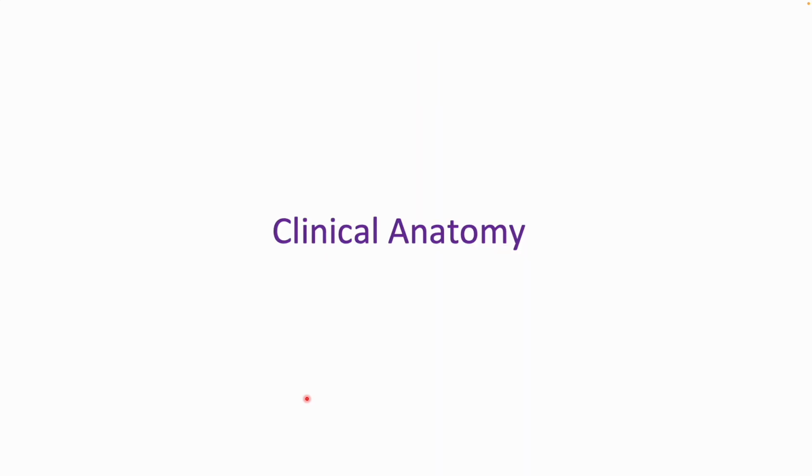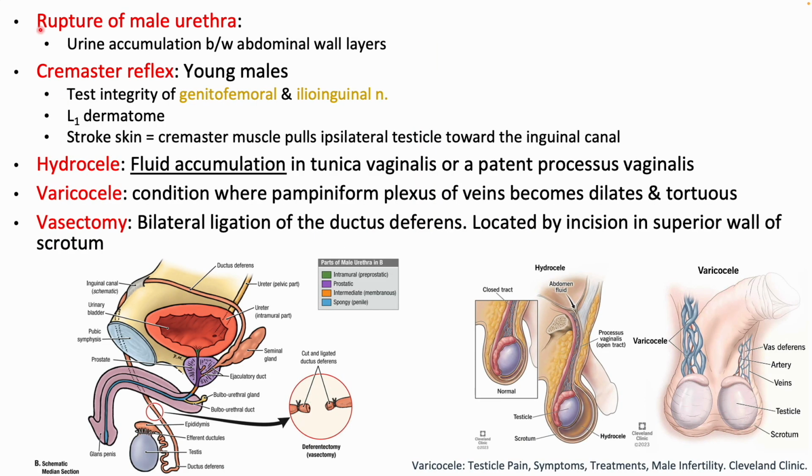And to end this video, let's look at some clinical anatomy. So a few quick ones, and then we'll have a really big one on the next slide. But you can get rupture of the male urethra, which can lead to urine accumulation between the abdominal wall layers. We can also test the cremaster reflex, which is for the most part going to be present in young males specifically, and it diminishes with age, but it's going to test the integrity of the genitofemoral and ilioinguinal nerves.